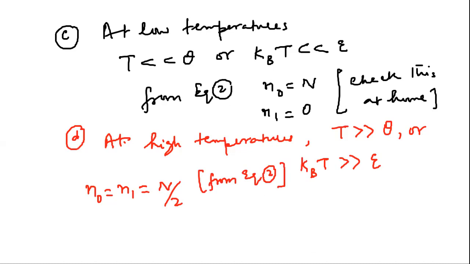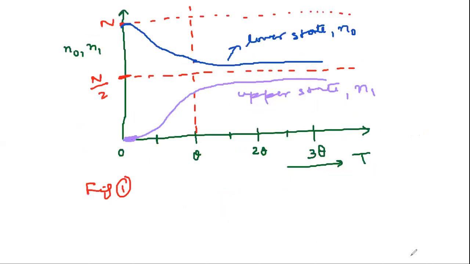You can see from the graph. As T is much greater than theta, you are in this zone of the graph. The N1 graph and N0 graph both approach this line where the number of particles is N by 2. That is the meaning. You can obtain this from equation 2.